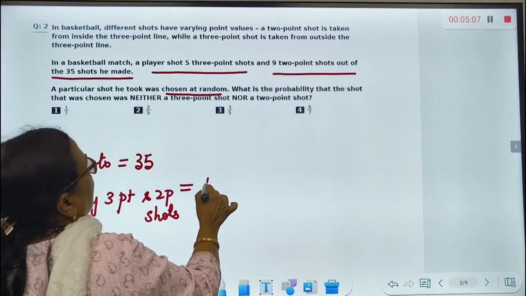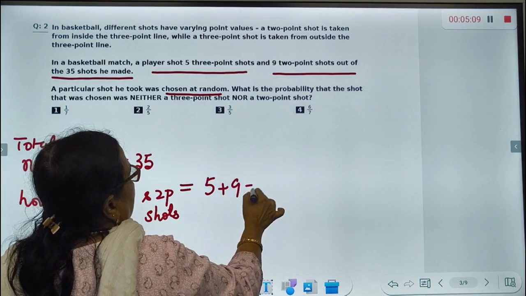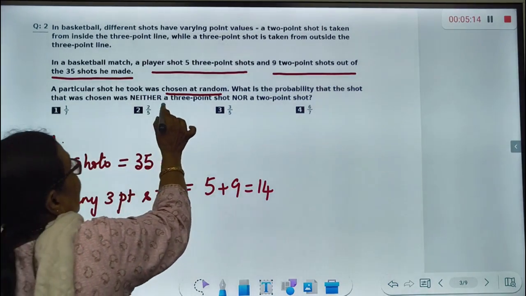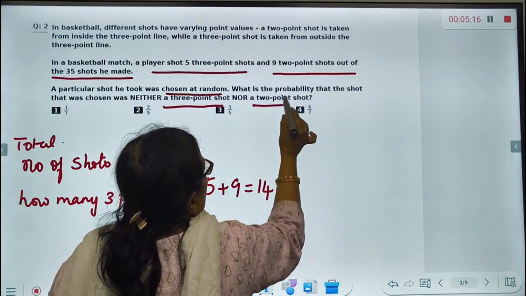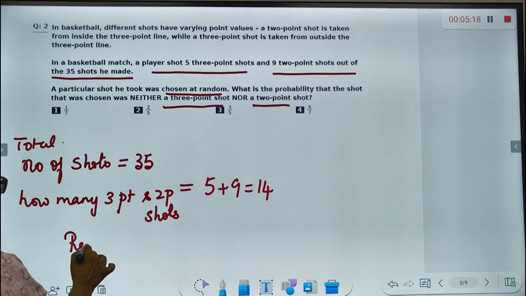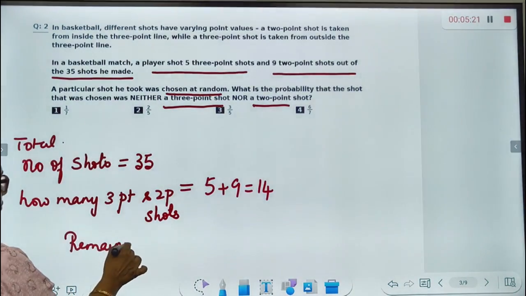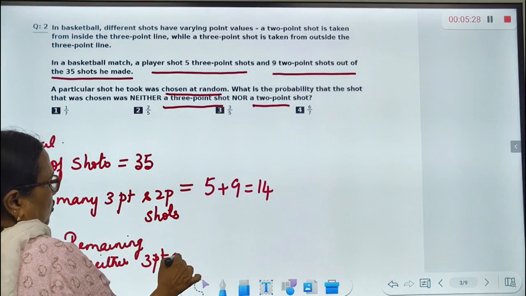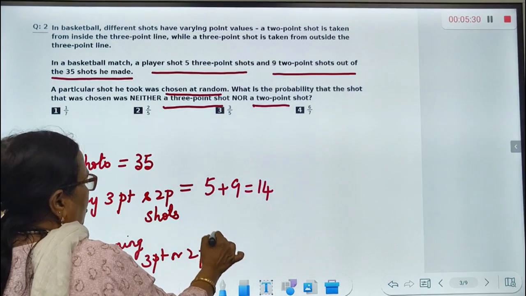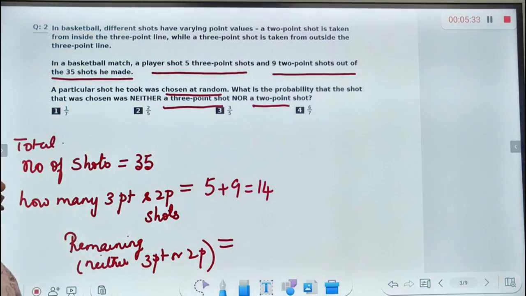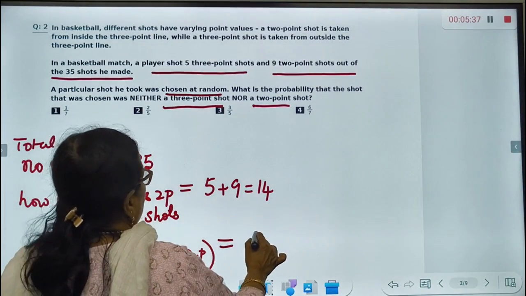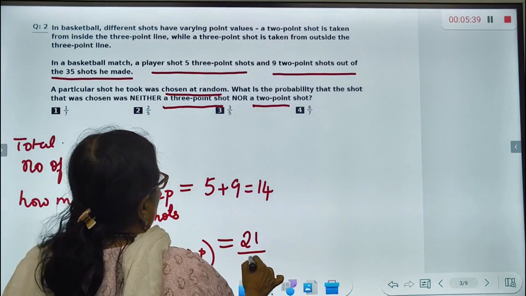That will be 5 plus 9, which is 14. So the question is, it should be neither a 3-point nor a 2-point. So what is the remaining? Out of 35, 14 is gone. So how much is remaining? 21 out of 35.